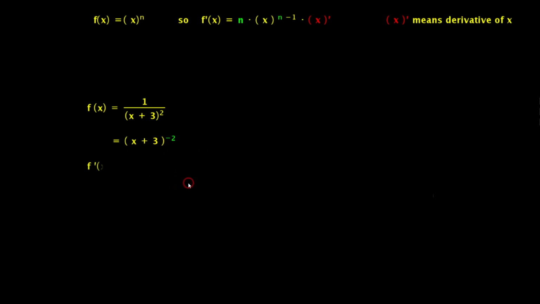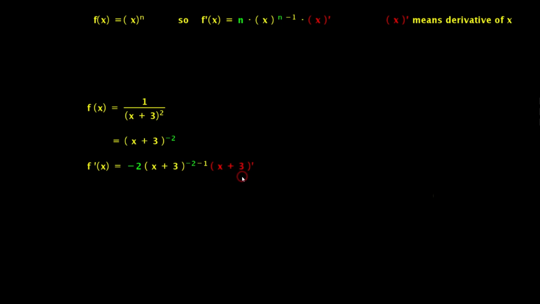What is the f prime of x when it is a base value with the power of -2? This is as simple as 2 times the base with the power of -2, -1. I didn't write the base because I will show the invisible chain rule. It has to get multiplied with the derivative of the inside value.